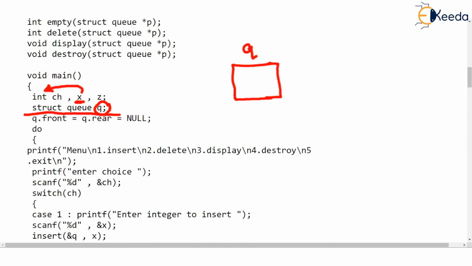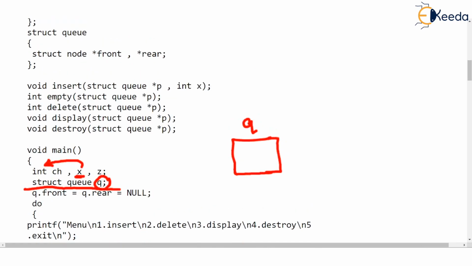And what does Q contain? We have declared a struct called Q and we have said any variable of Q type will definitely contain two members, front and rear. So this q is going to contain two pointers, front and rear.